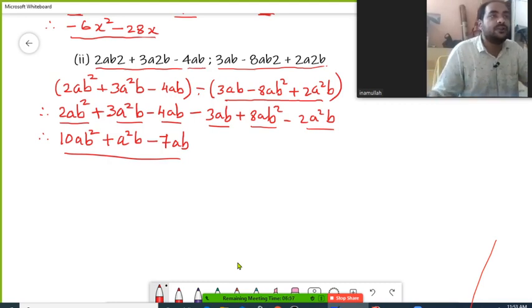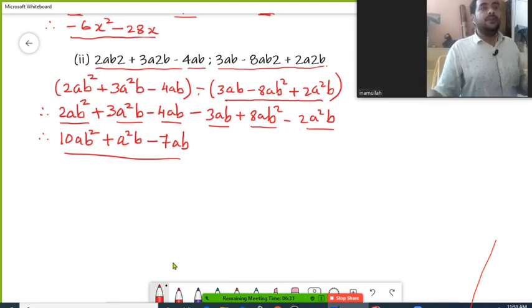Important things to remember: always look for the like terms. Addition and subtraction can be performed between only like terms. As far as like terms are concerned, the terms which have the same variable as well as the same power are called like terms. So hope you will remember that.